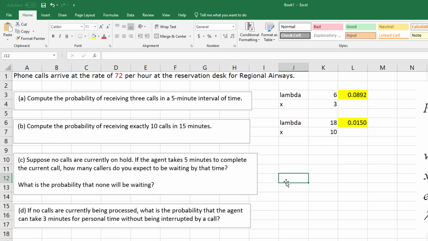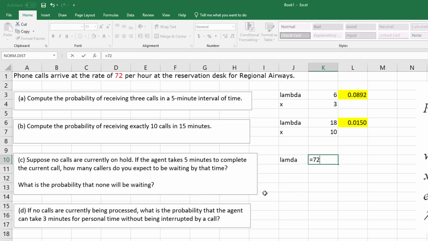All right, so the next one says, suppose there are no calls currently on hold. If it takes the agent 5 minutes to complete the current call, how many callers would you expect? Remember, the mean lambda is your expected value. In this case, it's once again 72 times 5 over 60, which is what we got up above.